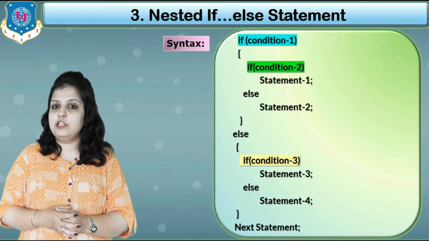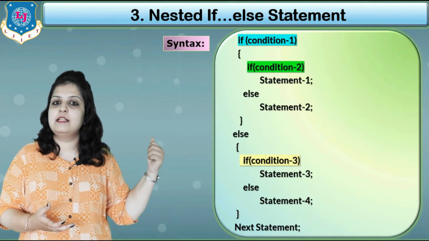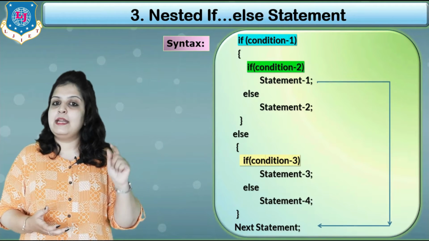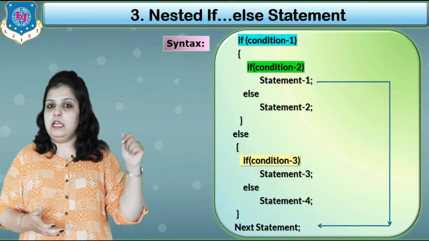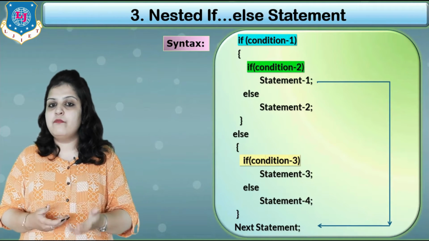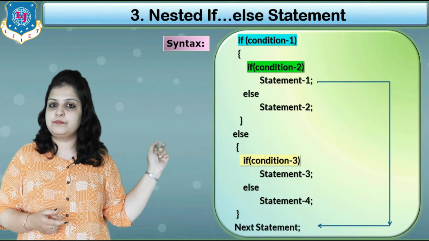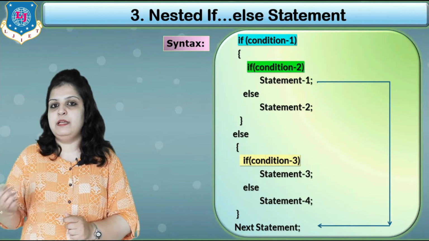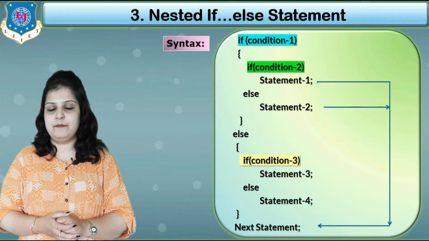And if this condition 2 is true, then statement 1 that is associated with this condition will be executed and directly our control goes to the next statement. But if this second condition becomes false, then in this case the else part of this condition will be executed and our statement 2 will be printed, and then control goes to the next statement.